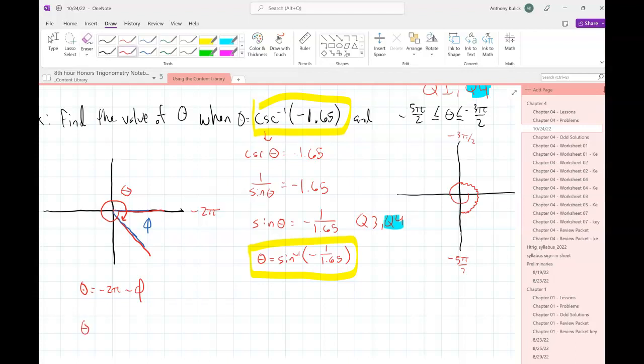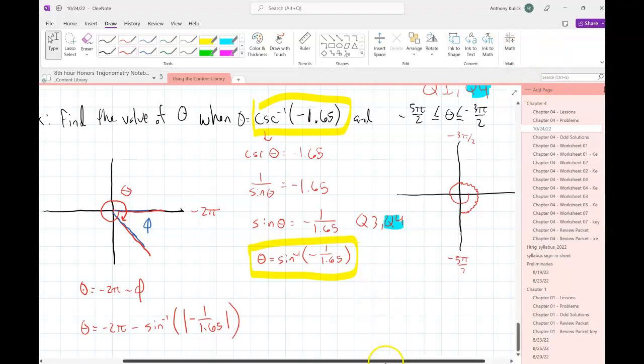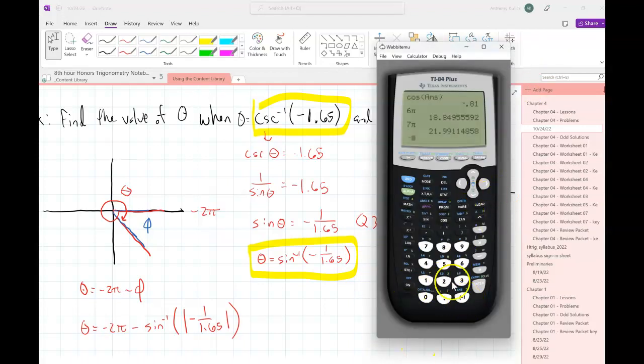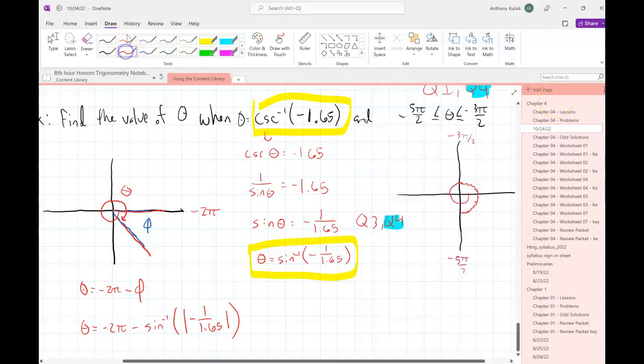All right, and then everything else is the same, right? Okay. So there's my answer, negative 693.